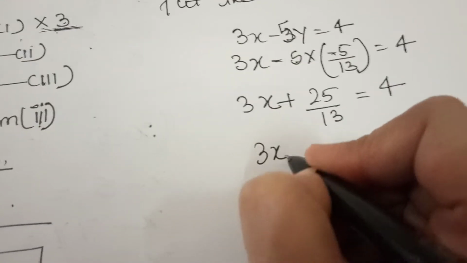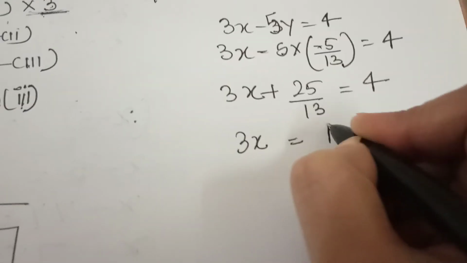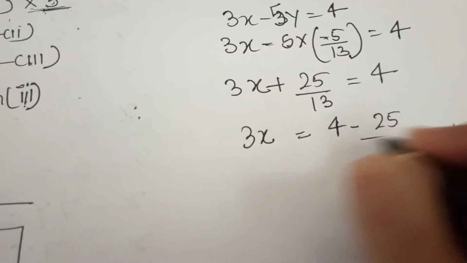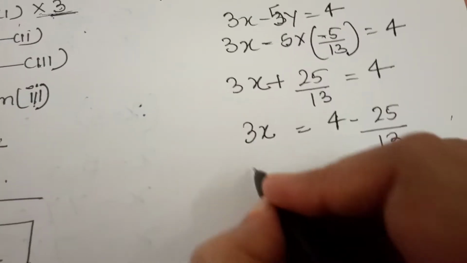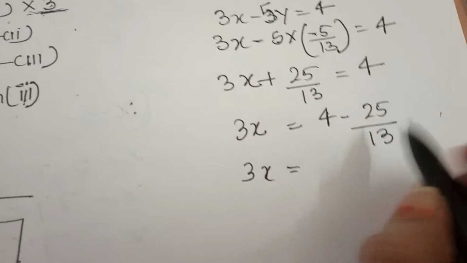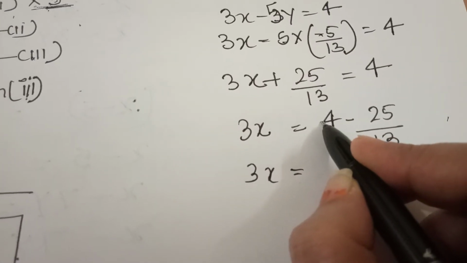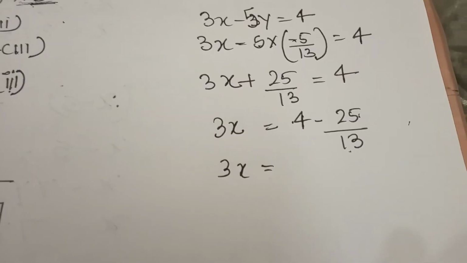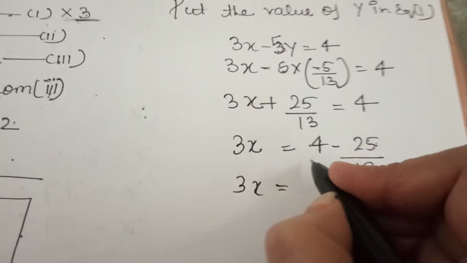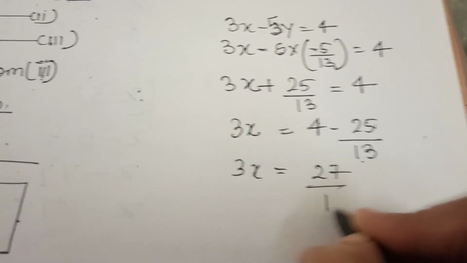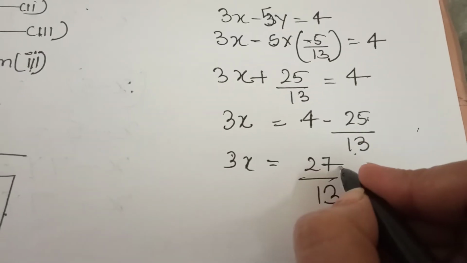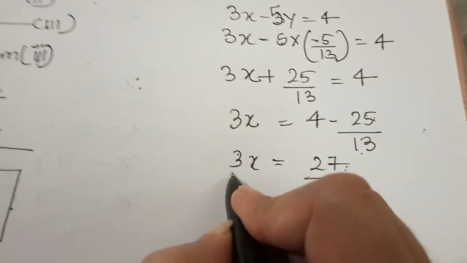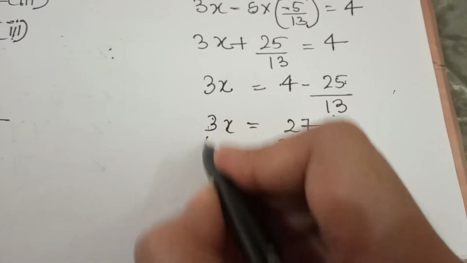हमें x निकालना है. The next term will be here, and we will shift this side. And now take LCM, or you can do it directly. 13 into 4, 52. 52 minus 25, 27. 27 upon 13. So you can cut this 27 by 3 directly here, or you can shift this in division.